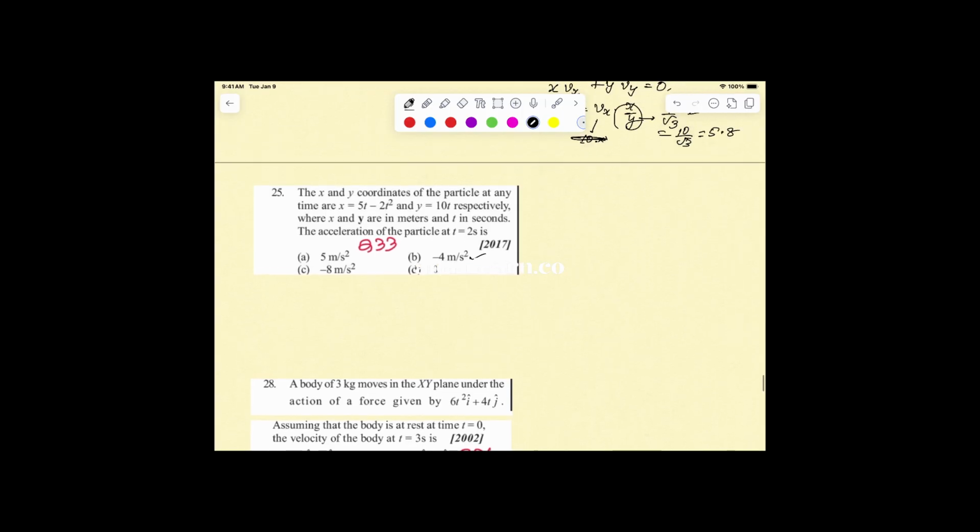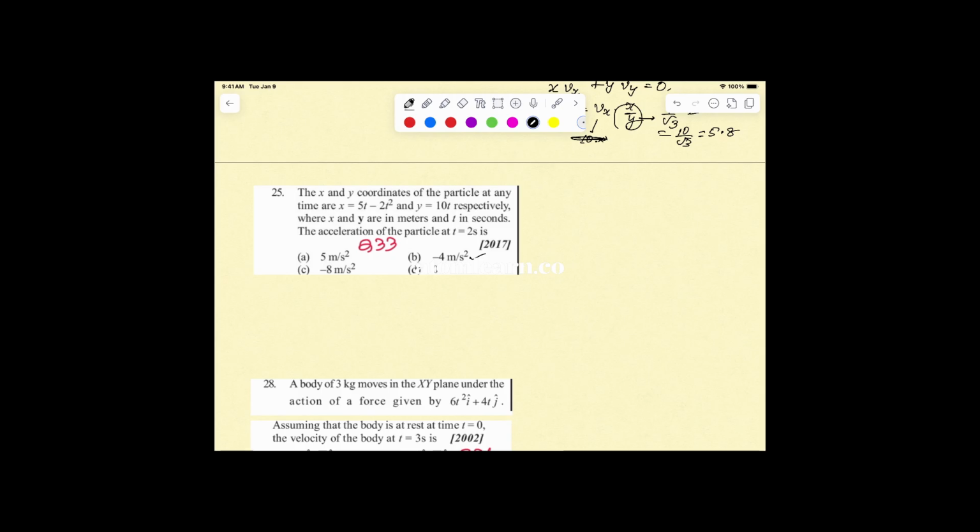Whenever you come across a displacement relation in the form of at squared plus bt plus c, that means quadratic in t, then it is a constant acceleration along that direction. Similarly, if the displacement relation is a linear function of time t, then it is a uniform velocity case.